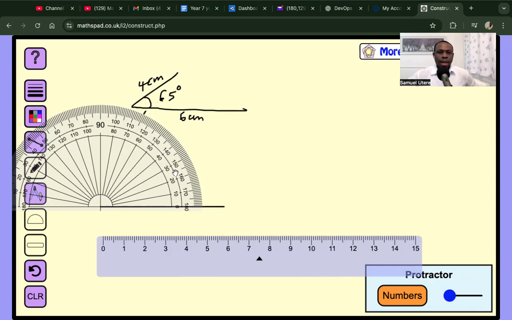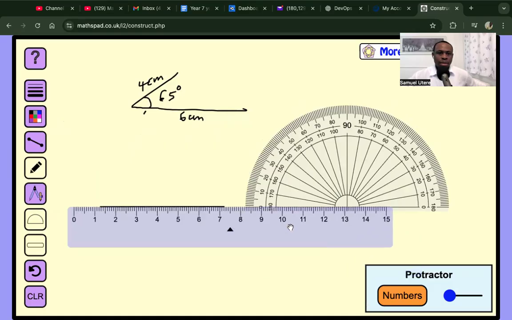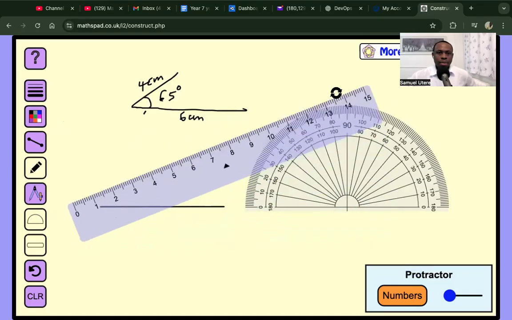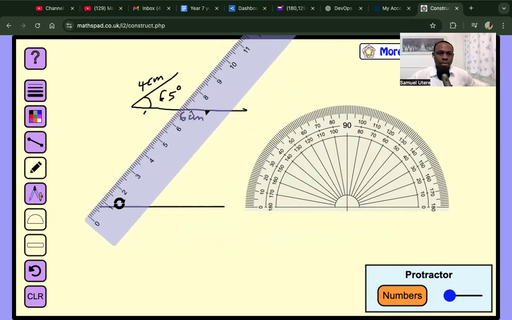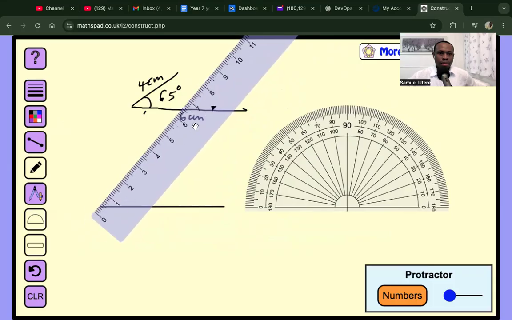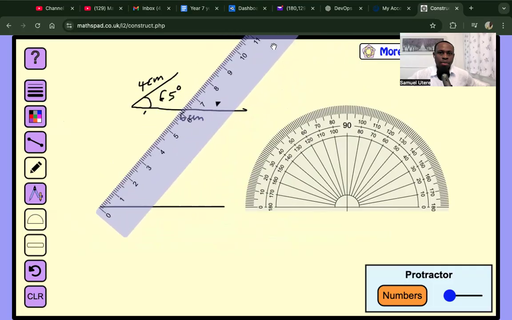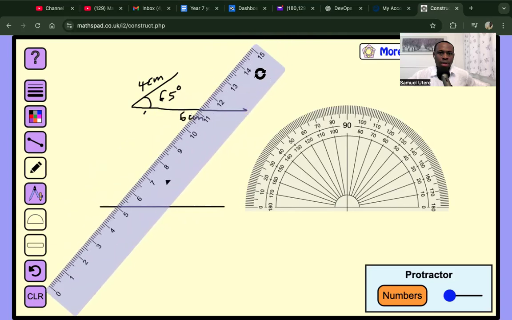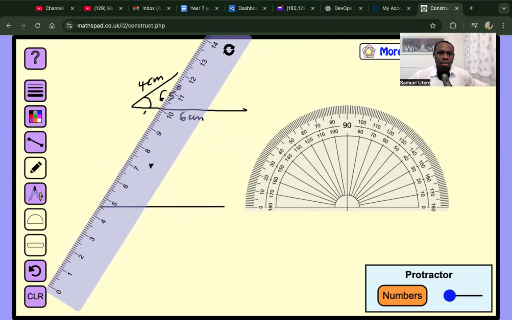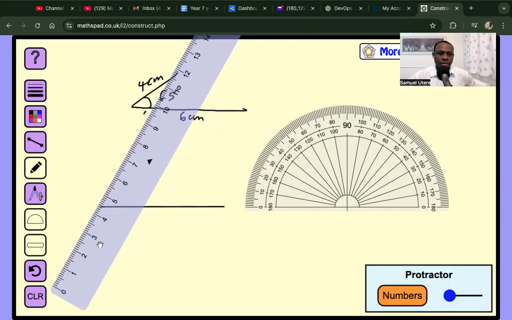Okay. Next, you take a ruler. Make sure you line your ruler up from the end of your line, lined up with the point where you have marked your 65 degrees.